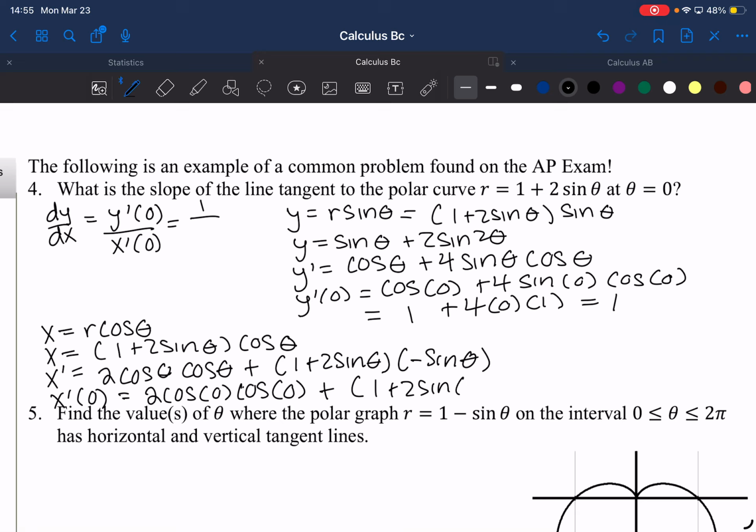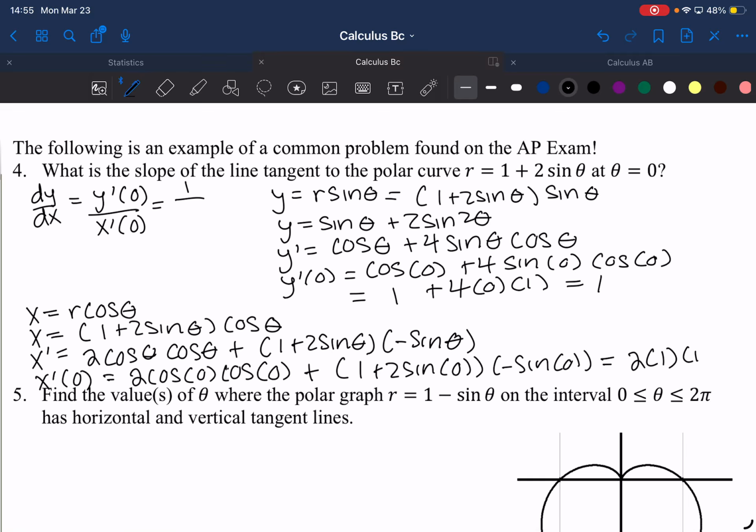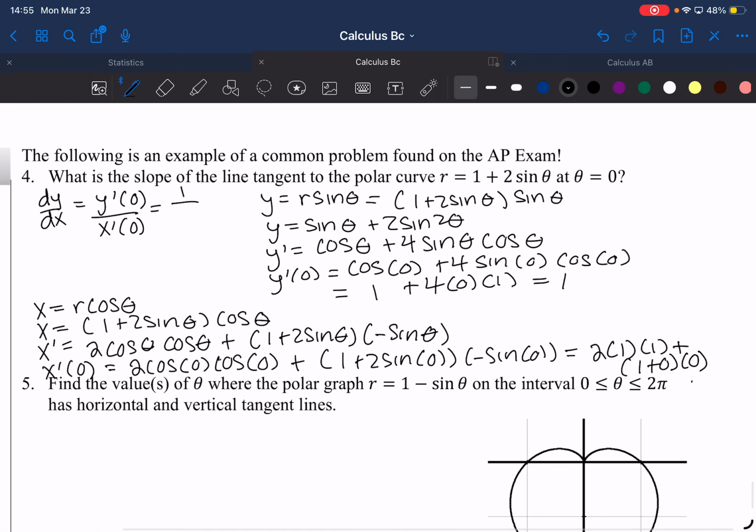Okay, this gives me 2 times 1 times 1, plus 1 plus 0 times 0, which means I get 2. 1 plus 0 is 1, 1 times 0 is 0, 2 times 1 times 1 is 2, which means I have dy/dx equal to 1/2. And that's my answer.